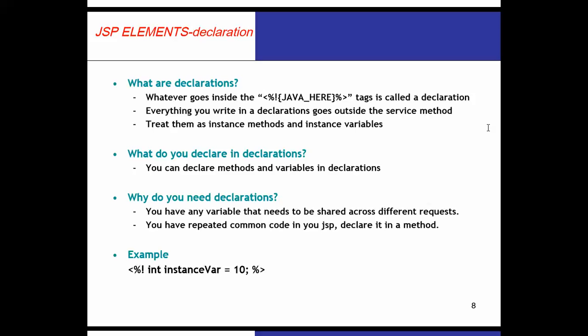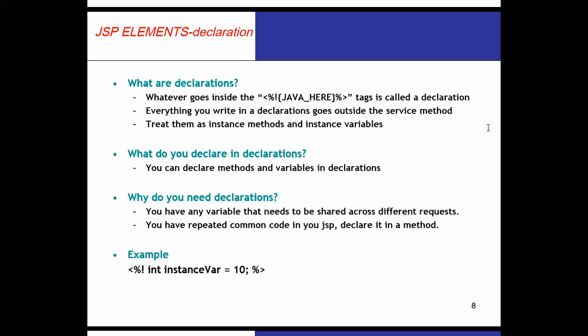You can declare methods and variables in declarations. If I want to use a variable, I will use it in declarations. A simple example: suppose I want to count the number of users on my web page. I'll be using these declarations.